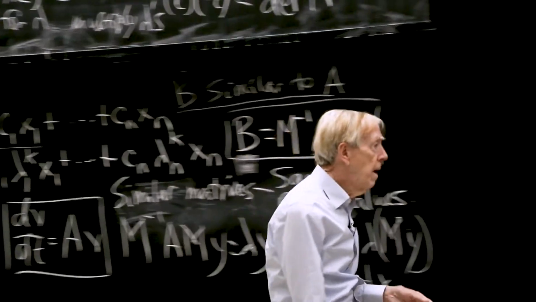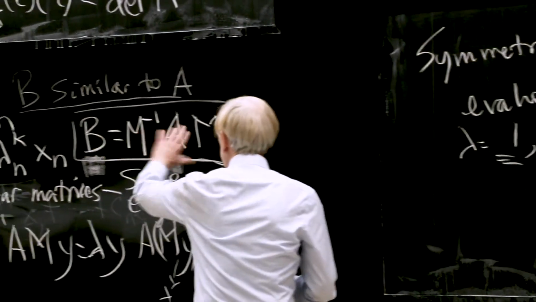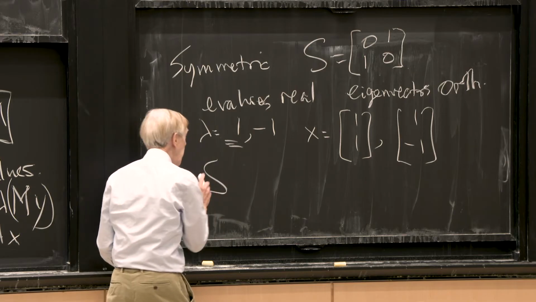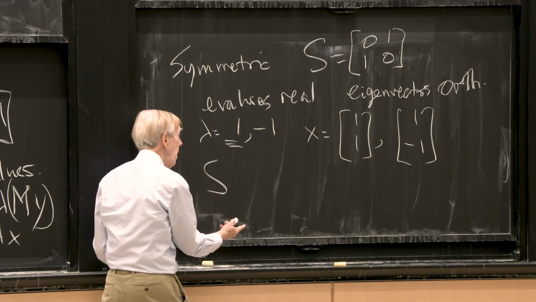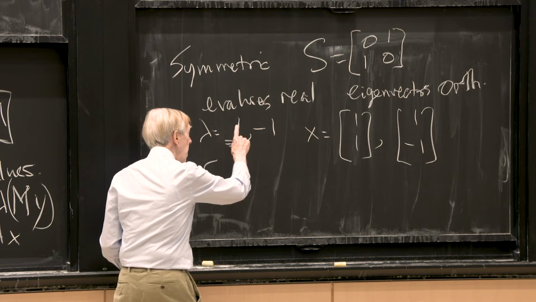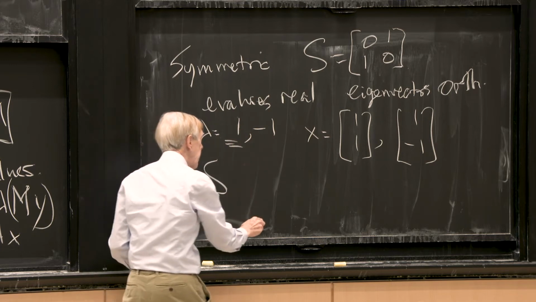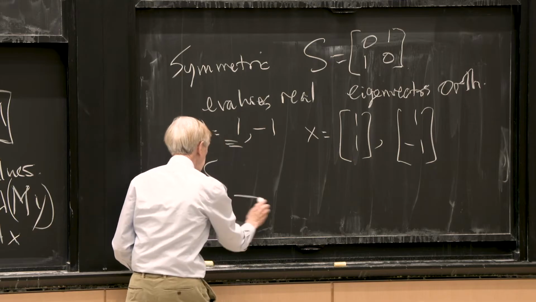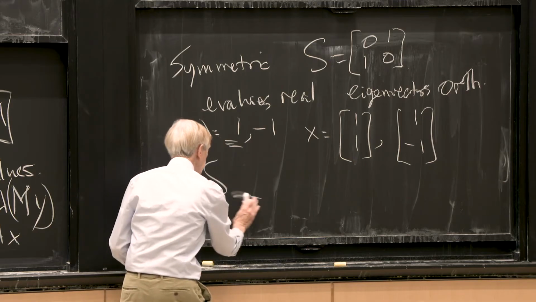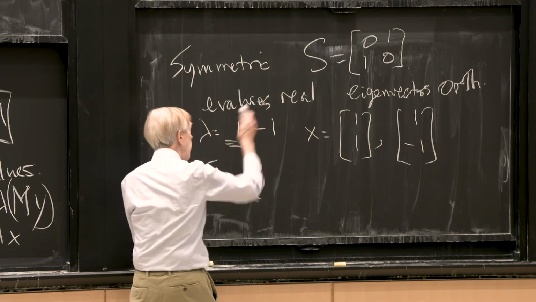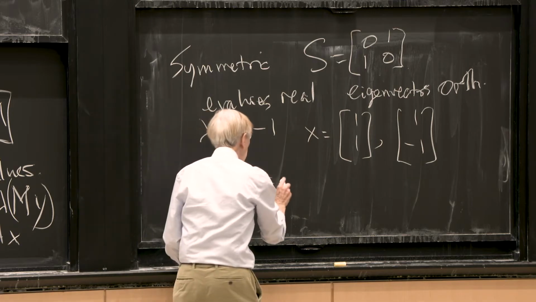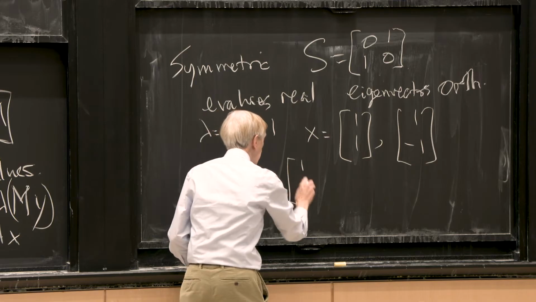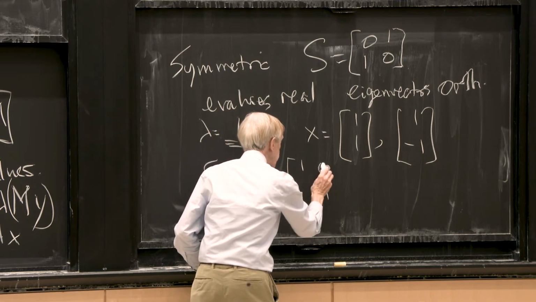And then, remembering about similar matrices, I'm thinking that S is similar to a matrix that just shows the eigenvalues. So S is similar to, I'm going to connect S, that matrix, with the eigenvalue matrix, which has the eigenvalues.